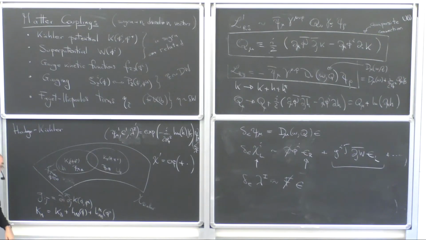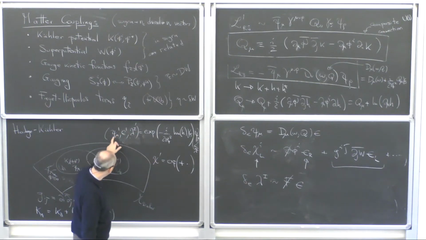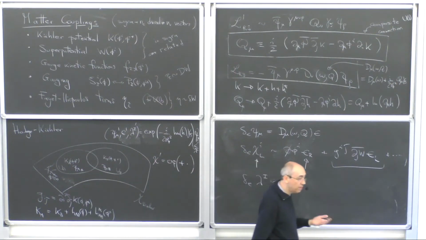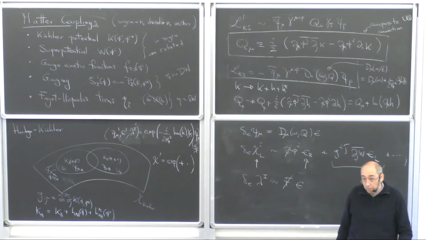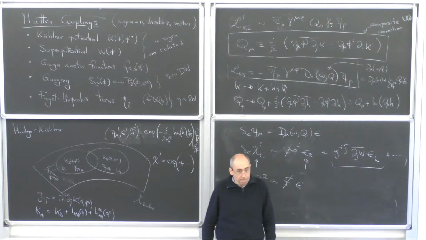Now though, in supergravity, when you perform a Kähler transformation, the metric of course doesn't change, but the fermions, all the fermions, the gravitini, the gaugini, the chiralini, they all transform under this transformation. So they are non-trivial sections of this fiber bundle on the manifold. Okay?